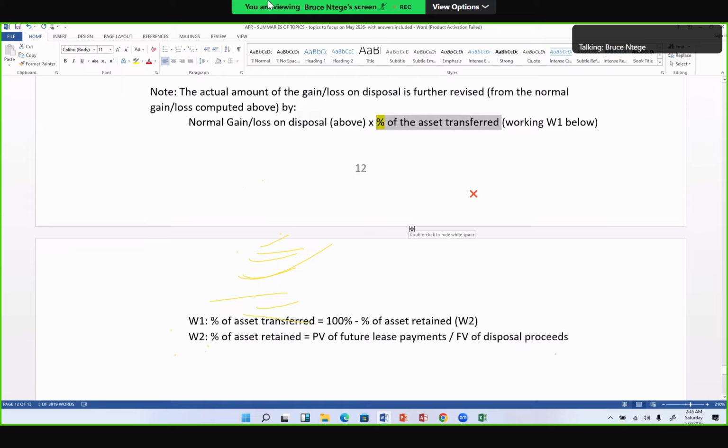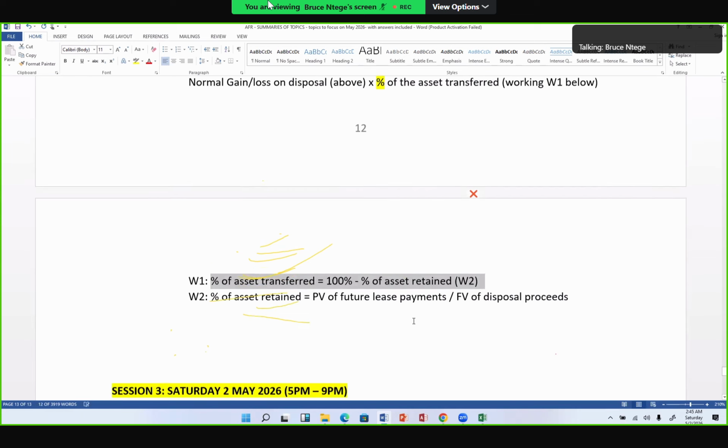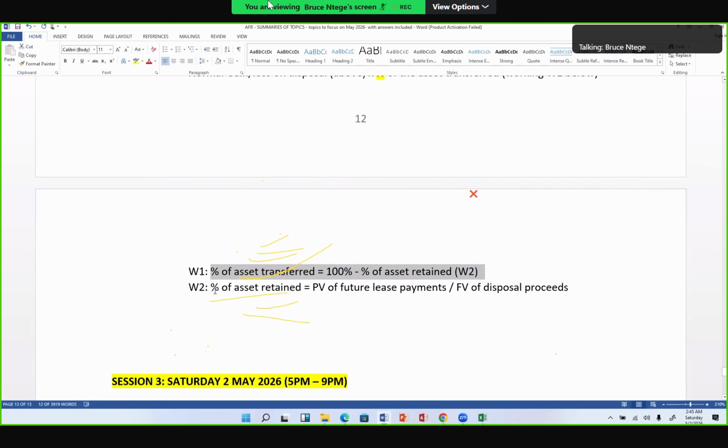But that percentage transferred, you cannot get it in the scenario until you create a working to say it's going to be 100% minus the percentage retained. Even the percentage retained, you'll not get it from the scenario. You need to work it out yourself: the percentage retained is the present value of the future lease payments divided by the fair value of the disposal proceeds.